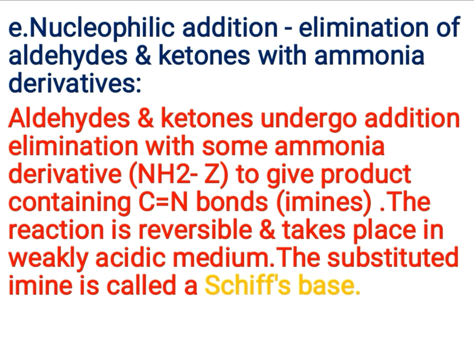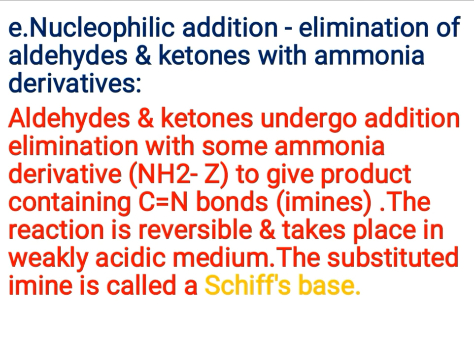Aldehydes and ketones undergo addition-elimination with some ammonia derivative to give product containing C double bond N bonds, that is imine. The reaction is reversible and takes place in weakly acidic medium. The substituted imine is called a Schiff base.